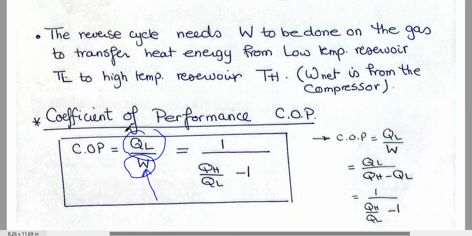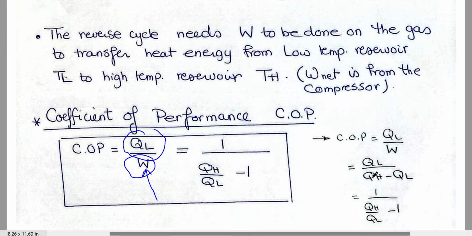And what is useful for me is the amount of QL absorbed by the refrigerator. So the COP of the refrigerator is QL over the work. Again, QL over the work. So QL over QH minus QL, divide by QL in the upper and lower. So it is 1 over QH over QL minus 1.